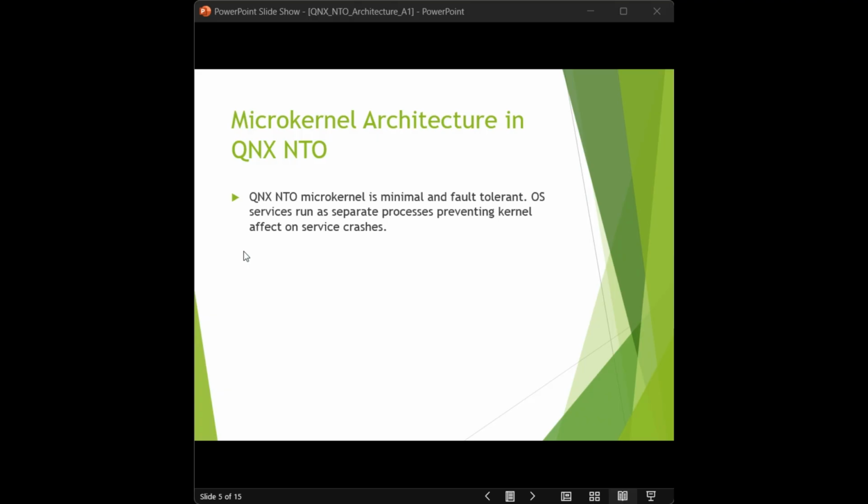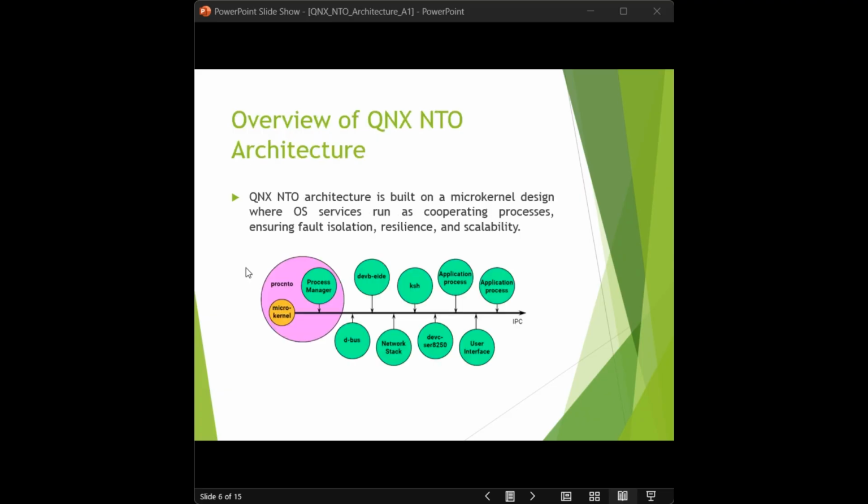All other services such as file systems, drivers, and networking run as separate processes outside the kernel. Now consider a modern car infotainment system. Even if the sound system crashes, what happens? Nothing will happen. The navigation and the braking system are not affected, so they will continue their processes. This is exactly what the microkernel architecture ensures.